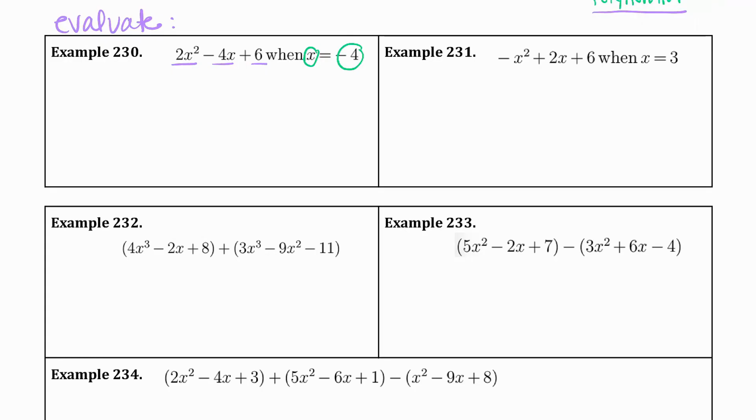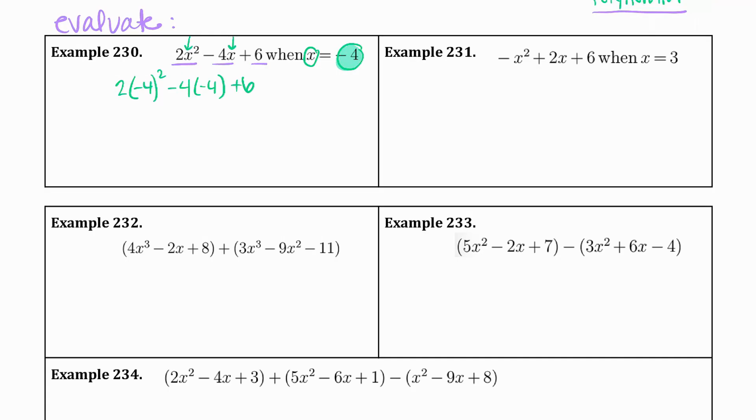So here we have the polynomial 2x squared minus 4x plus 6, but they tell us that the value of x is -4. So we can take that value and substitute it for the variable and then evaluate from there. So we have 2 times -4 to the second power minus 4 times -4 plus 6.